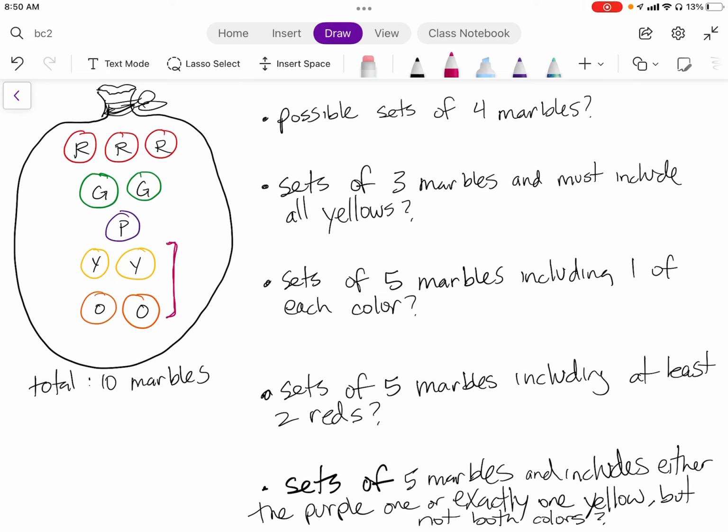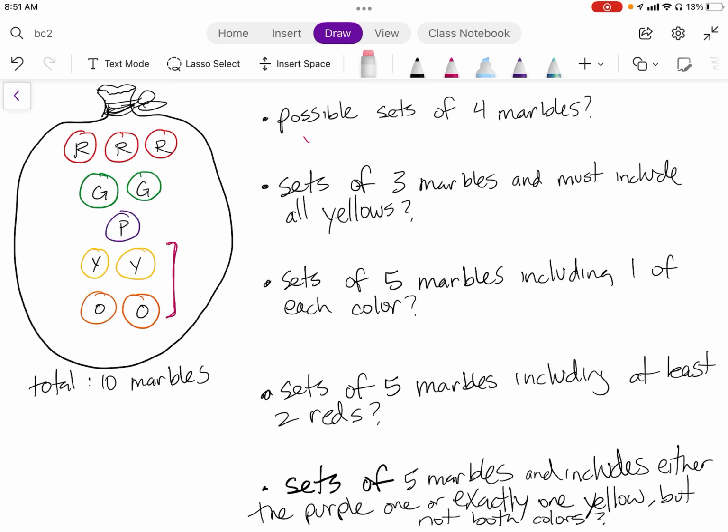It wouldn't matter if I name this set yellow, yellow, orange, orange, or yellow, orange, or any combination of that. Those are all the same. If I made a set of all the yellows and oranges here, they're identical no matter the order that I put them in. So in that case, remember that we call it a combination.